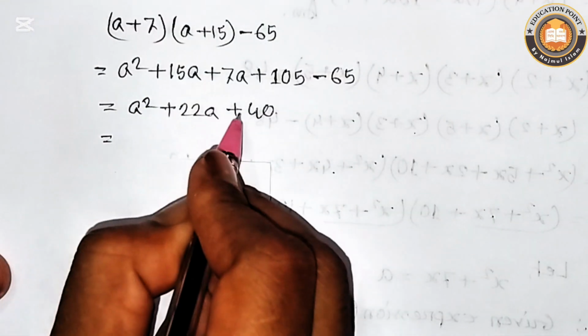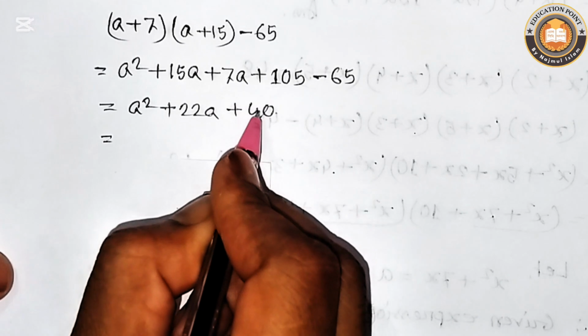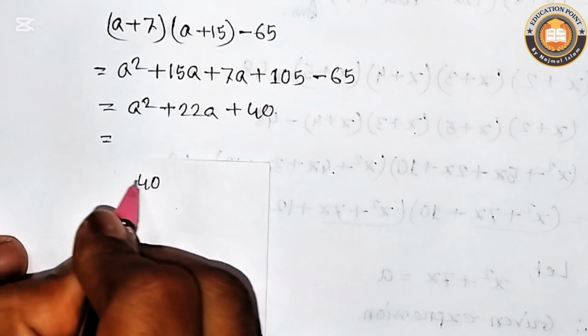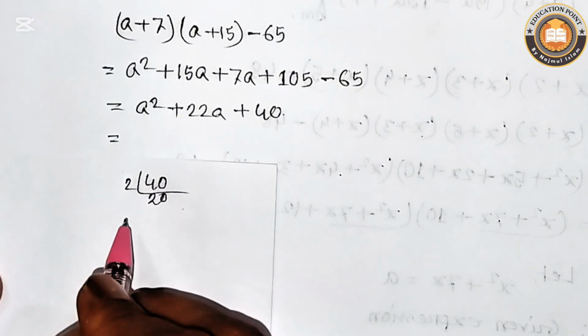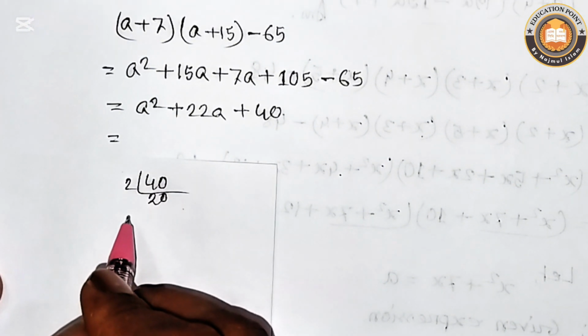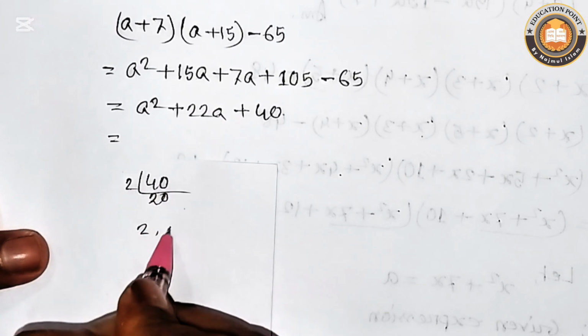Here we will apply the middle term rules. At first, we will find out the factors of 40. 40 divided by prime number 2 equals 20. Now obtain factors, multiply and make two numbers whose sum or subtracted value equals the middle term. Here the two numbers are 2 and 20.